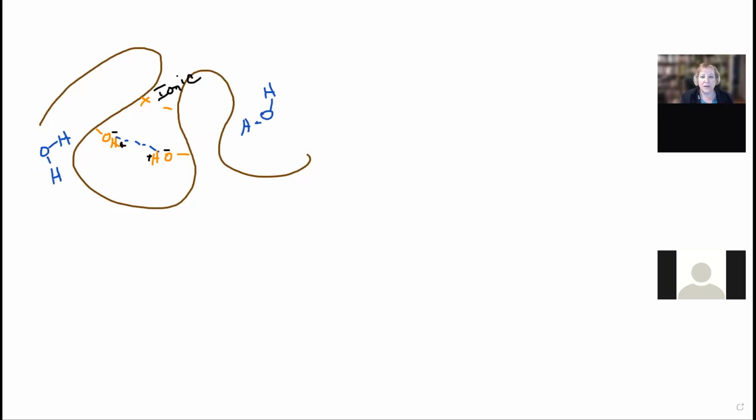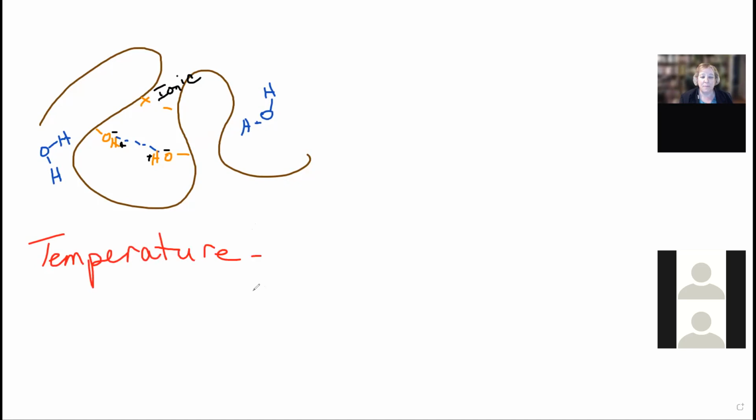Now, heat or temperature, let's go with temperature. Okay, temperature is a measure of heat. Okay. And heat, for the purposes of what we're talking about right here, is the motion of the molecules. Okay. It's also an energy measurement.